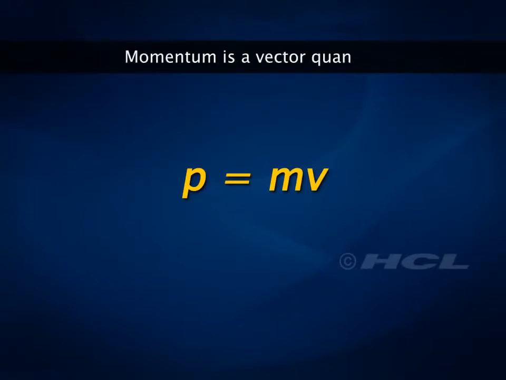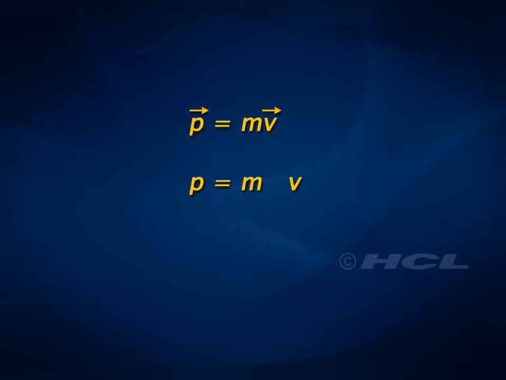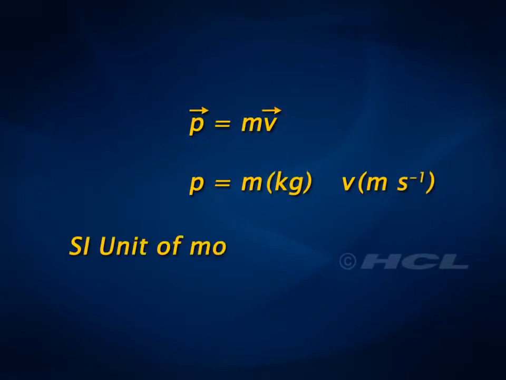Momentum is a vector quantity. It has both magnitude and direction. Its direction is the same as that of the velocity of the object. The SI unit of momentum is kilogram meters per second.